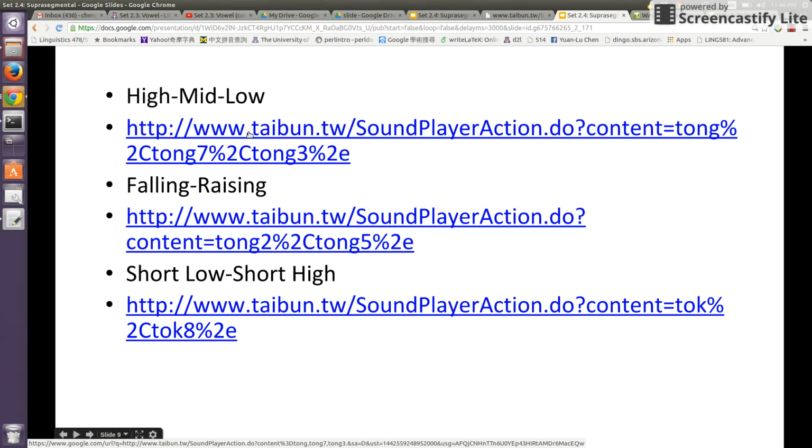I'm going to click this link, and we can hear a high, mid, and low tone, 3 tones in a row. Dong, dong, dong. High, mid, low. With these 3 tones we have 3 different meanings.